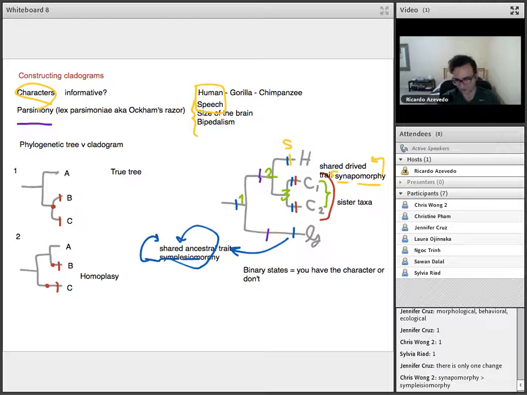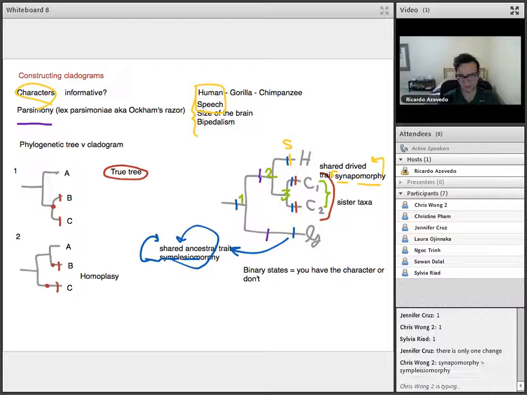But aside from the distinction between synapomorphy and symplesiomorphy, which Chris pointed out as a very astute observation, the main point I want to make was that in tree number 1, you just need to assume that there was a change that happened in the ancestor of B and C. Versus in 2, you need to assume that in lineage B, a change occurred, and in C, an independent one occurred.